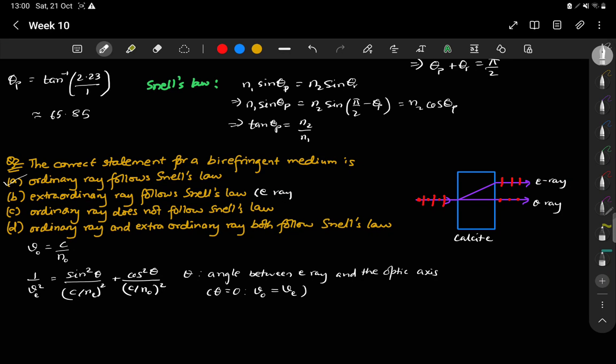E ray does not follow Snell's law. Snell's law is applicable only for the ordinary ray. And up until now, we were not dealing with birefringent crystals. So as a result, the ray was ordinary ray and it followed Snell's law.